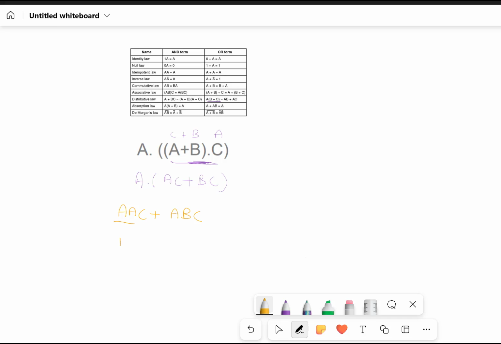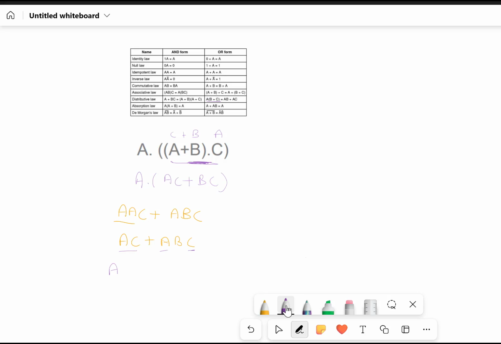Now we know that AA just gives us A. Now we can look at common terms. So we've got AC and we've got AC.